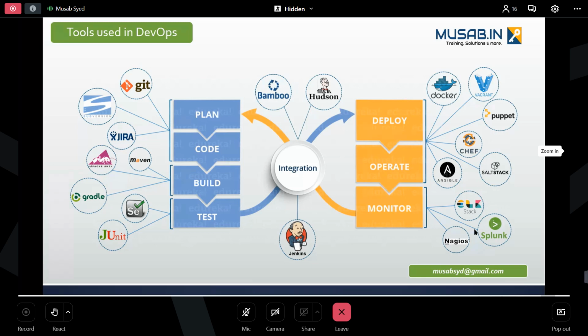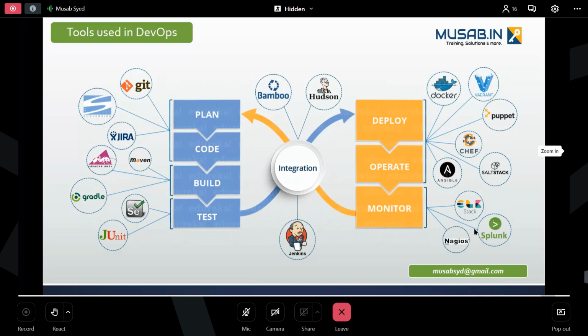All these tools will automate your work. The coder will do the coding and put the code into the DevOps tool. Then integration, testing, deployment, and reports will be generated automatically. With this, the customer will also be very happy. Whatever changes they ask for, we will immediately deploy as per the need of your customers.